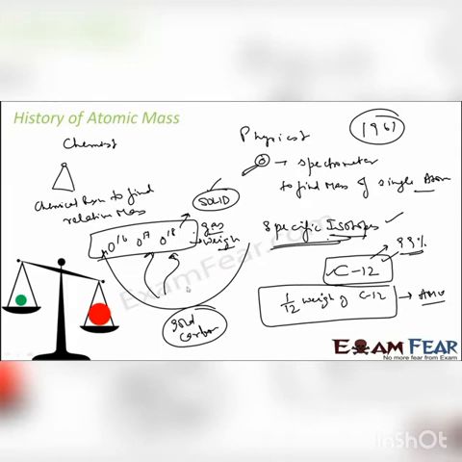Actually, gold was also a good contender. And with gold, there is no issue with isotopes because there is only one isotope. So they could have opted for gold, but there were two reasons why gold was not chosen. First, gold does not react with many elements, and this involves chemical reactions, so that could not happen. Second, gold is costly.